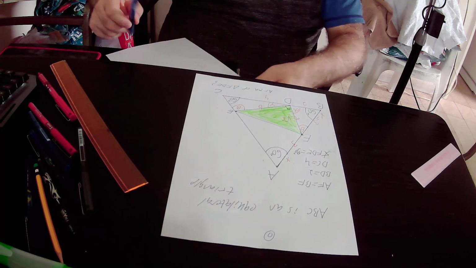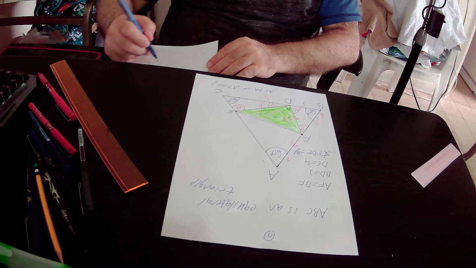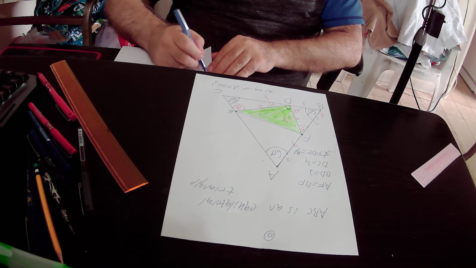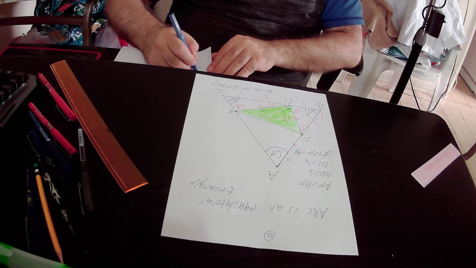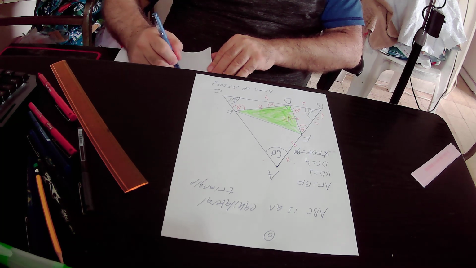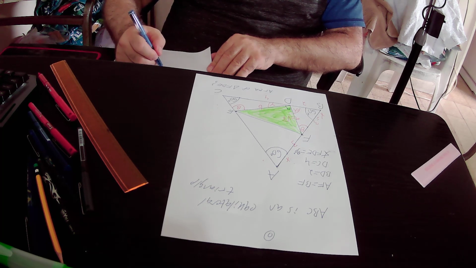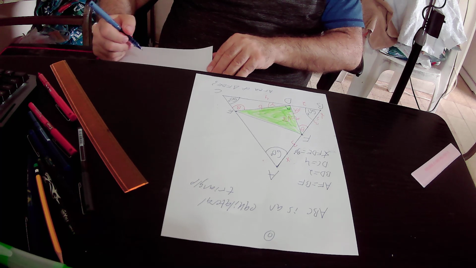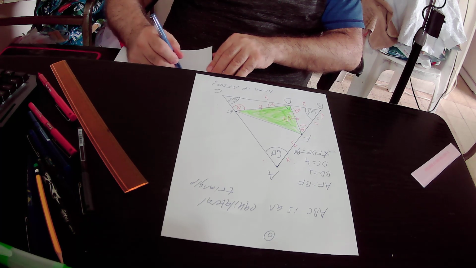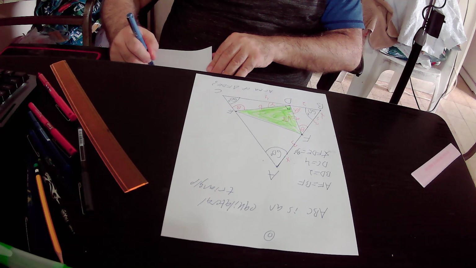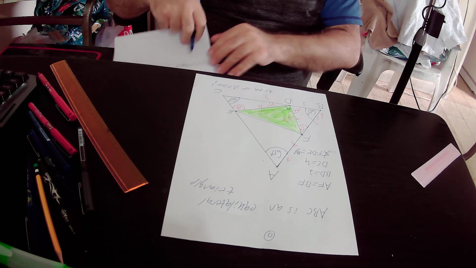And we'll find out that sine of 150 degrees minus theta equals sine 150 degrees times cosine theta minus sine theta times cosine 150 degrees.